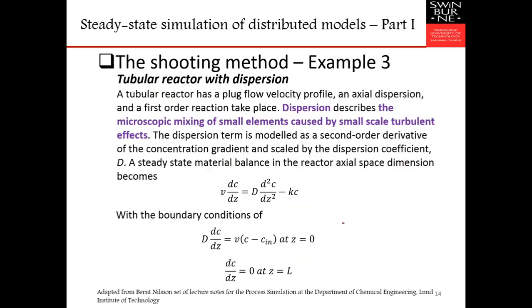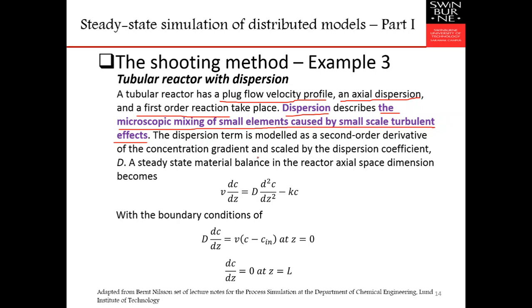here is correct. And then we inspect the example of the tubular reactor with dispersion. A tubular reactor has a plug flow velocity profile, axial dispersion, and a first order reaction. So the dispersion here describes the microscopic mixing of small elements caused by small-scale turbulent effects.